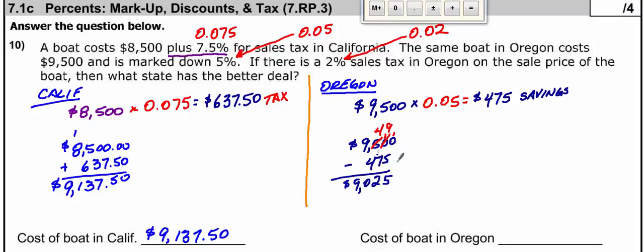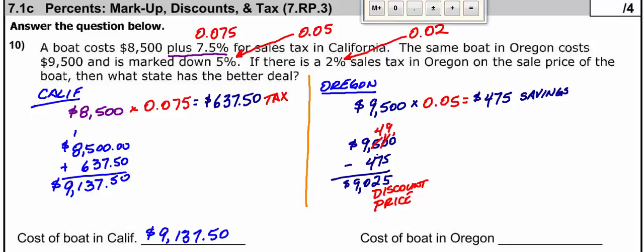That is the discount price. You go in, or the sale price, you go in to the boat dealer and say, how much is that boat? And he's going to say, oh, today only, you can get that boat, normally $9,500. You can buy it for $9,025. Lucky you.